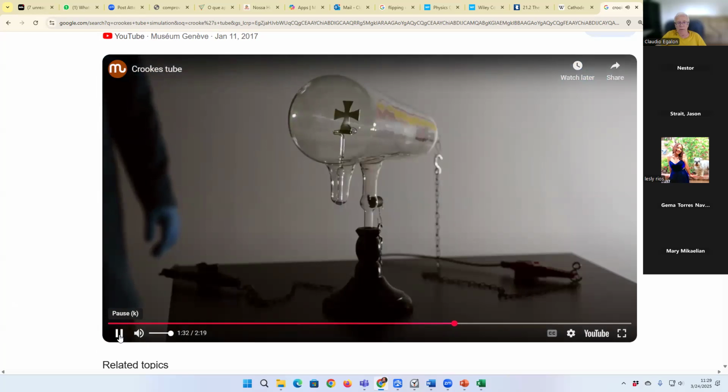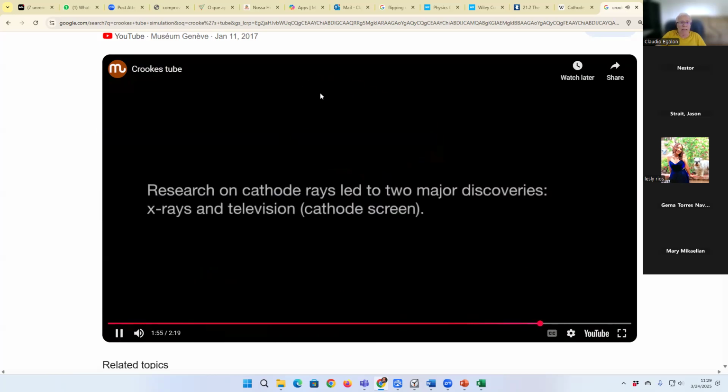Turn off the light so you can see the phosphorescence. Here you go. Okay, do you see the cross here? Yeah. And that's the green phosphorescence that we see whenever electrons collide with this phosphorescent material inside the tube.